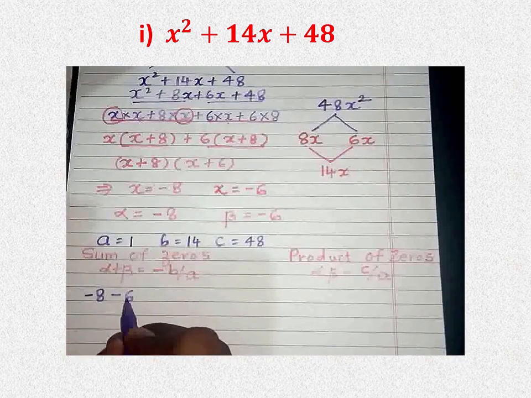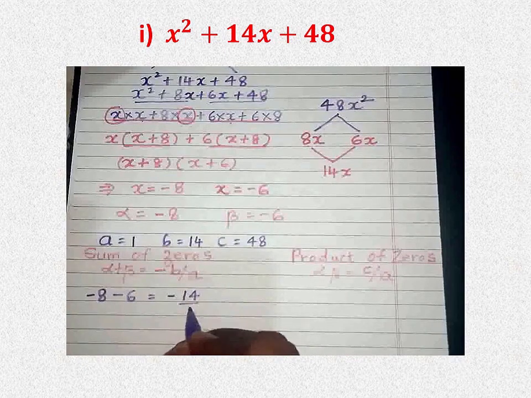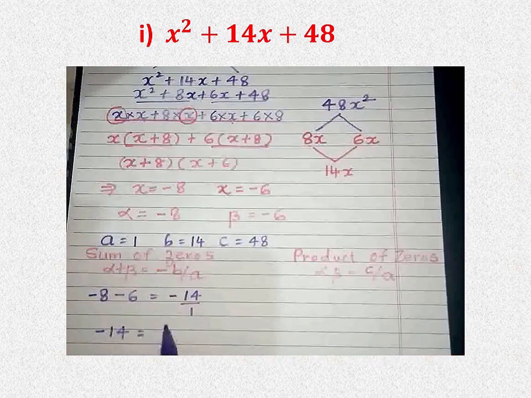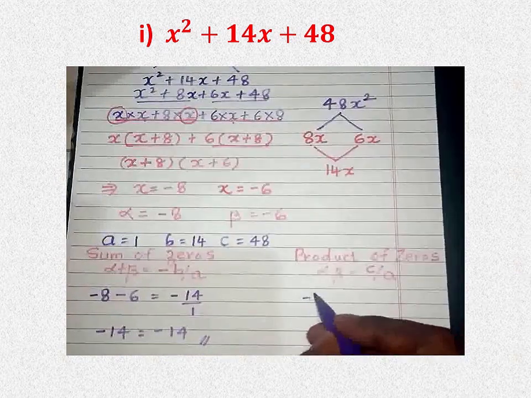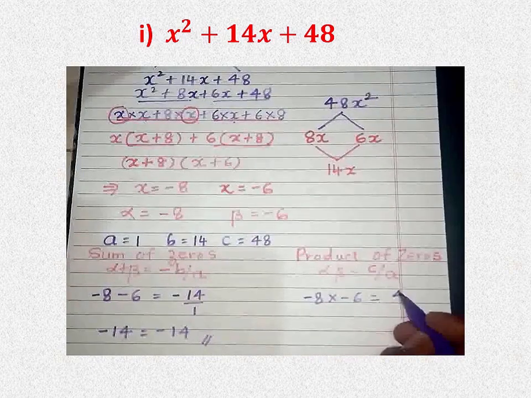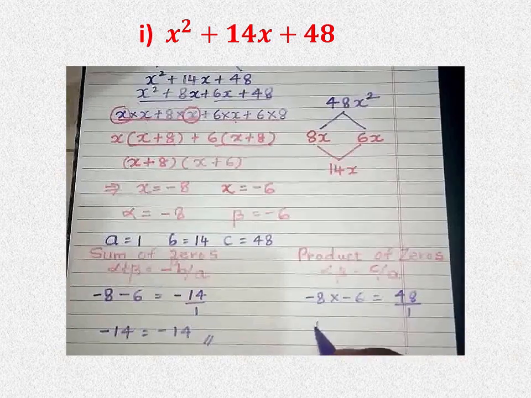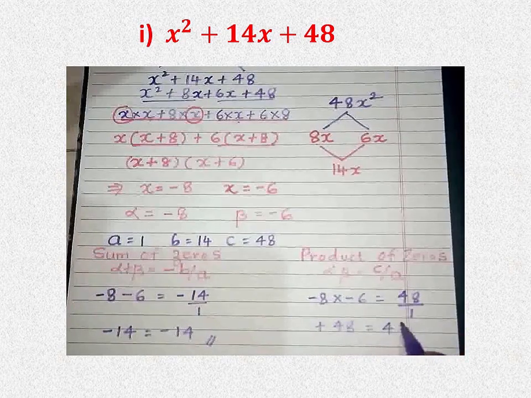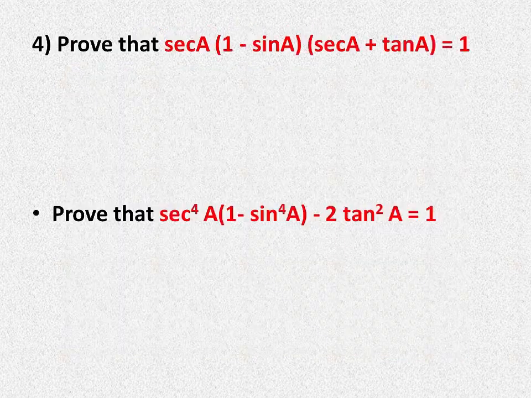Alpha is minus 8, beta is minus 6, and the value of b is 14. Substitute that, you will get minus 14 by 1. So minus 8 minus 6 is minus 14. Minus 14 by 1 is minus 14. Hence verified. In the same way, alpha into beta is minus 8 into minus 6 equals c over a, which is 48 over 1. Minus into minus is plus, 8 sixes are 48. 48 divided by 1 is 48. Hence, the relationship between zeros and coefficients is verified.